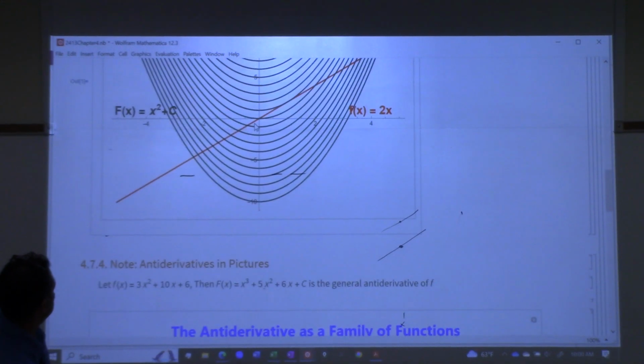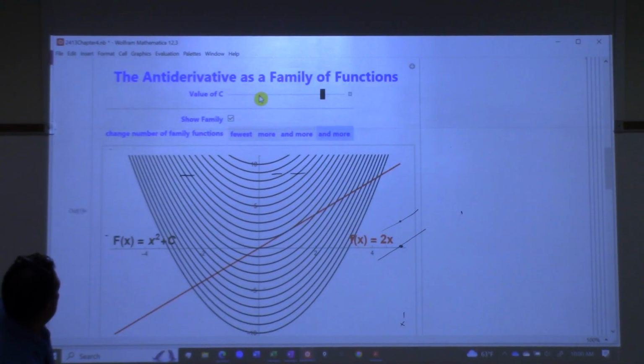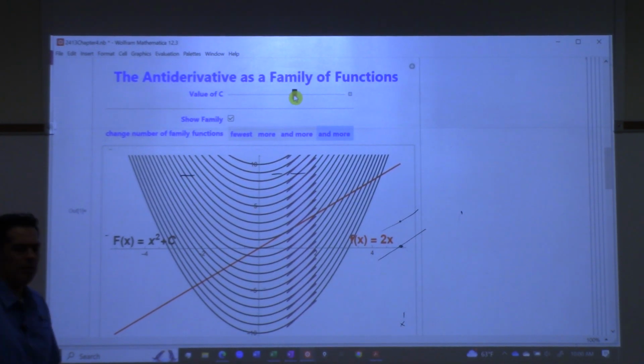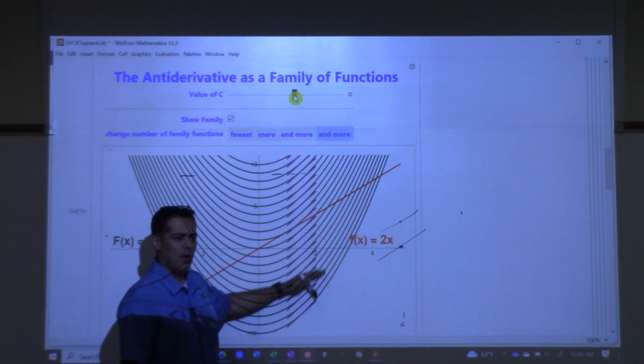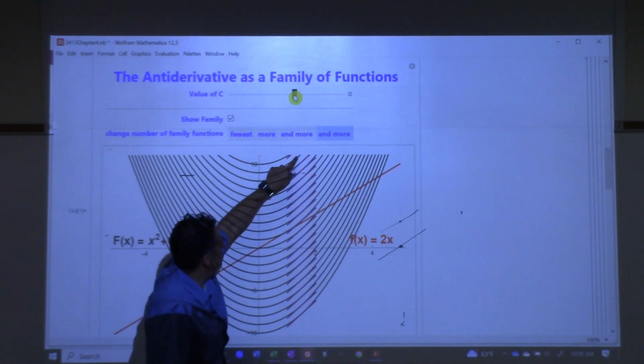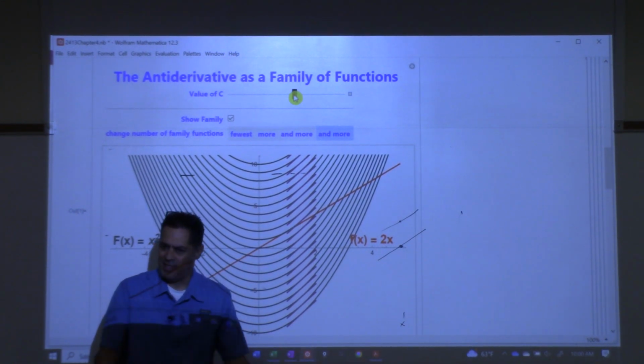Where's my derivative? I thought I had a little slider here. Oh, there it is. See, they all have the same property that if you go to any x value you want, the slope of the tangent line is the same at that x value for all of them, right? So the derivative of all those functions at that point is the same.